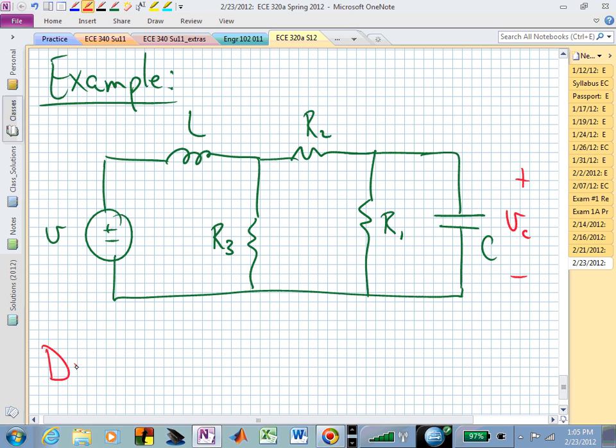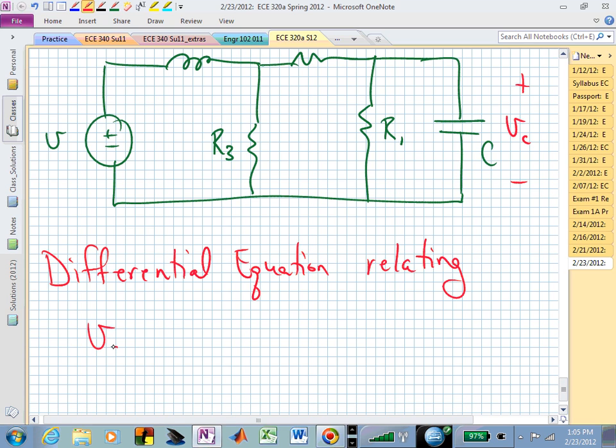Suppose we want a differential equation that's going to relate this output voltage V sub C to the input source V of t.